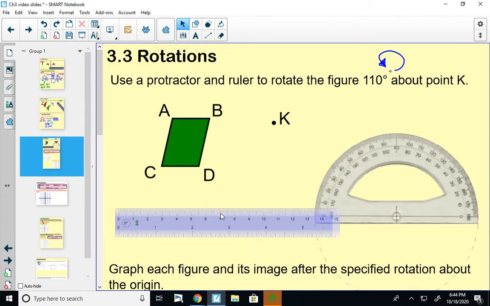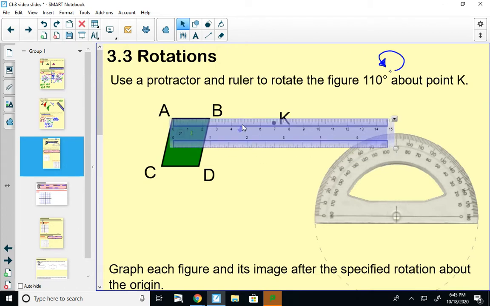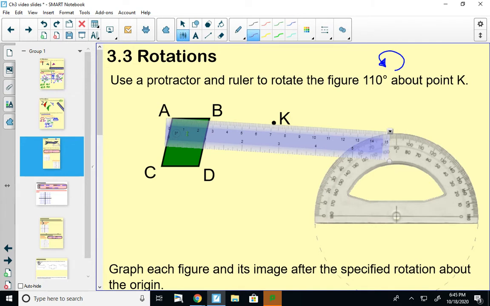But first thing we're going to do, select a point. I'm going to start with point A, and we are going to use our ruler to draw a line from that point to the point of rotation. I can't place it perfectly, but it's not going to be perfect. So that's my line.